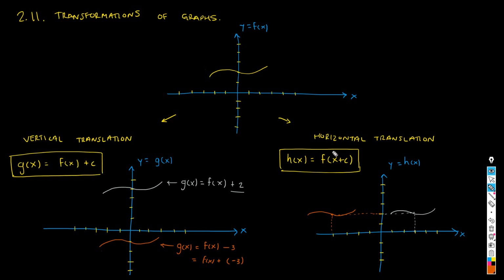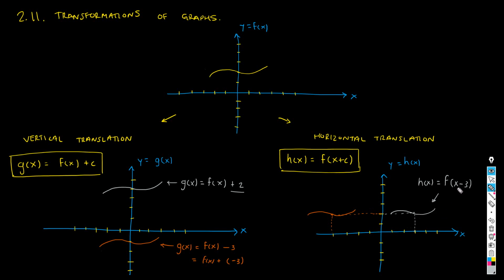Now we can also do horizontal translations. Okay, so remember, this is my original function, so to speak. And if I produce, for example, let's go first with this one, with the gray one, a function h of x, which is going to be equal to f of x minus 3, that's going to produce a displacement in the horizontal axis to the right.